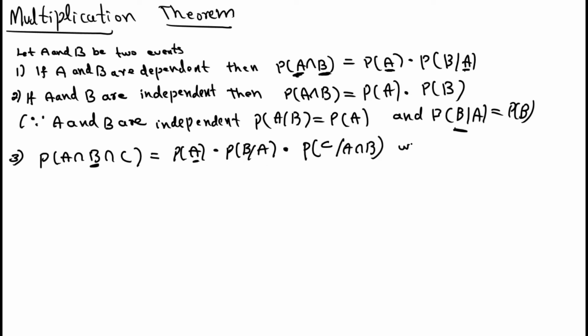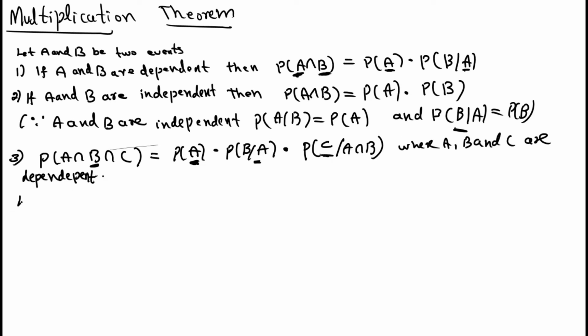Where A, B and C are dependent events, probability of A intersection B intersection C is equal to probability of A into probability of B by A into probability of C by A intersection B. While coming to the third event C, our observation is that A has already happened and B has also already happened.